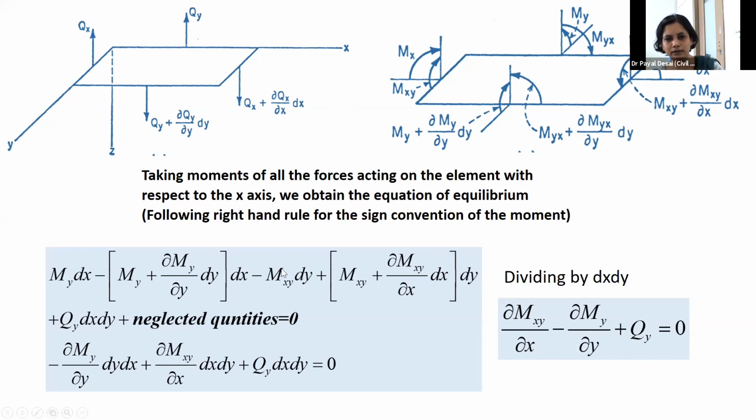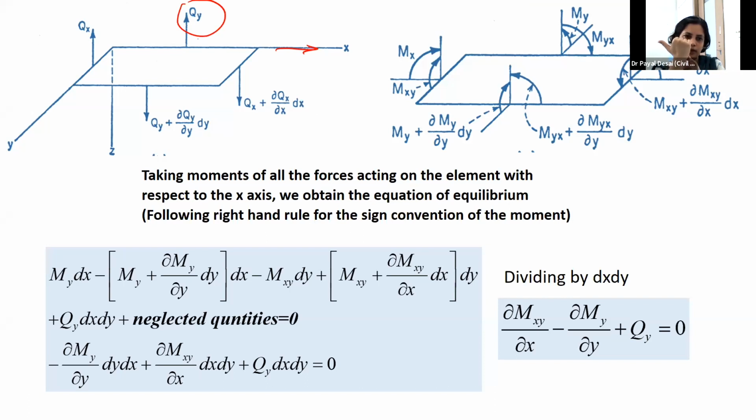So if I am taking the moment about the x-axis, I need to see which are the forces which will produce a moment about the x-axis. You may see in this diagram that qx is the one. It will produce a moment about the x-axis by the right hand rule, and I follow the right hand rule. Let's say the qy is like this.